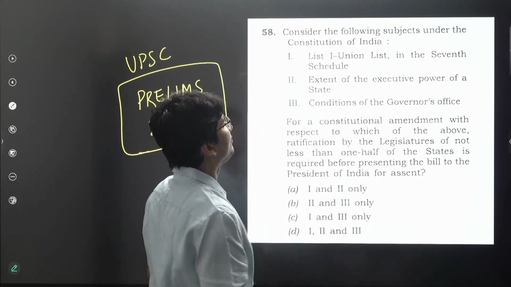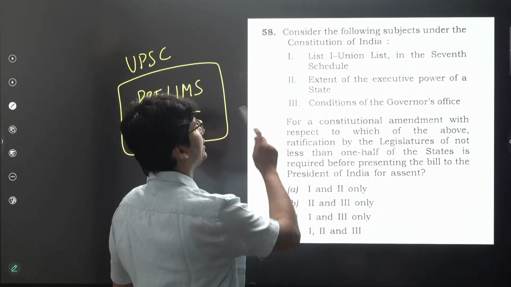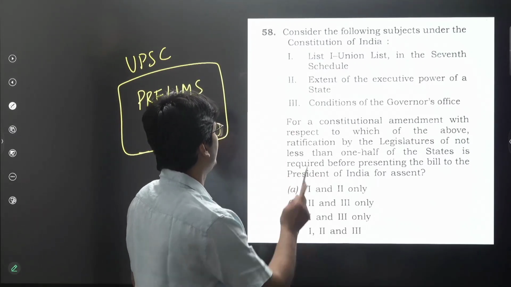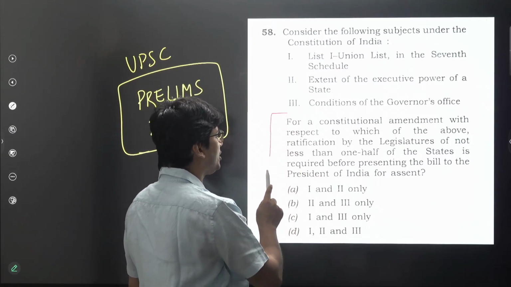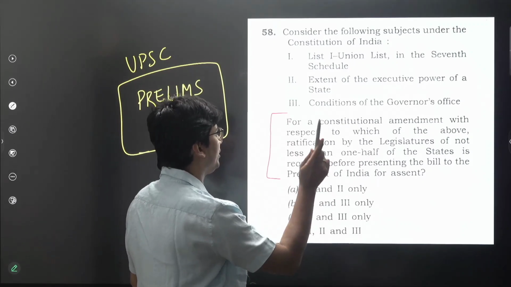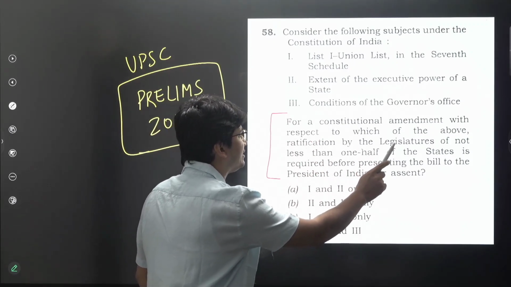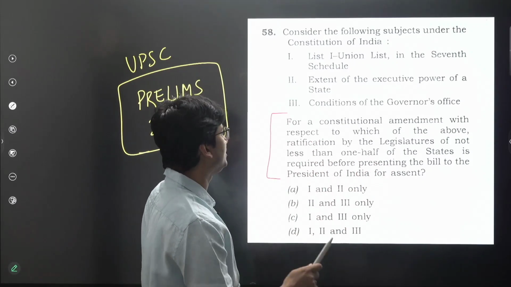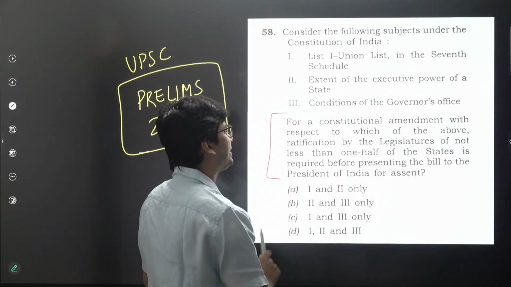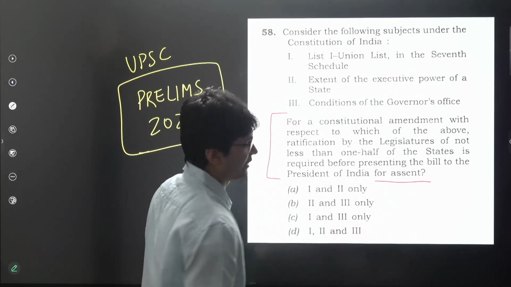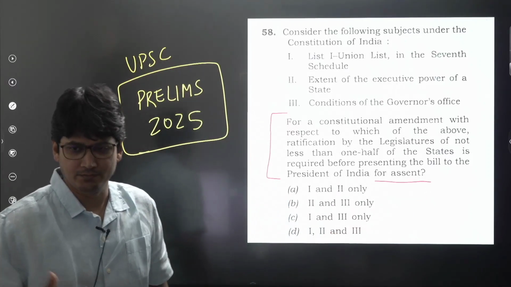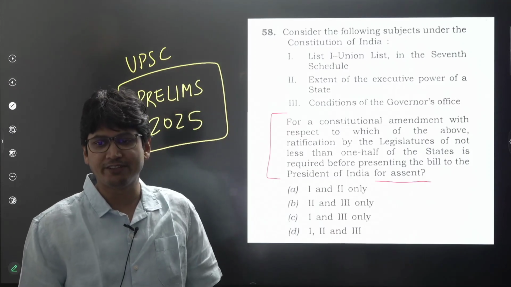Second, extent of executive power of a state. Third, conditions of the governor's office. The question is, for a constitutional amendment with respect to which of the above, ratification by legislatures of not less than 1/2 of the states is required before presenting the bill to the President of India for assent. Is it relatable for whatever we have discussed?